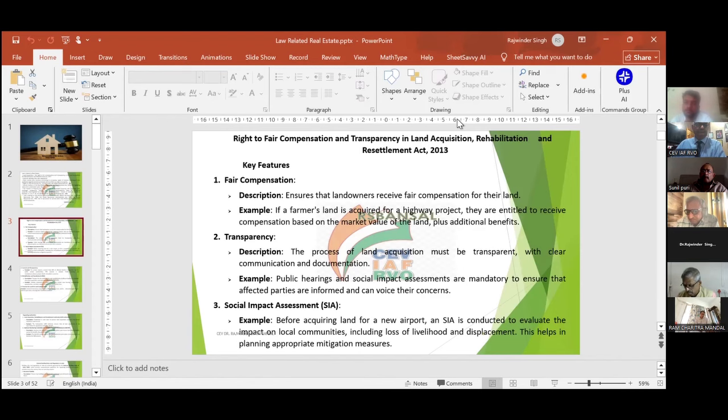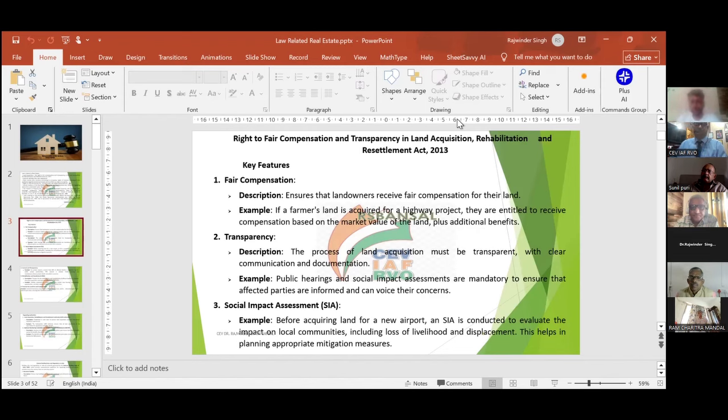And then the most important thing is transparency. The process of land acquisition must be transparent, with clear communication and documentation. For example, public hearing and social impact assessment are mandatory to ensure that affected parties are informed and can voice their concerns. So in the amended act, these things have been included.